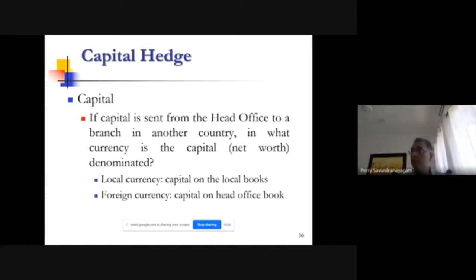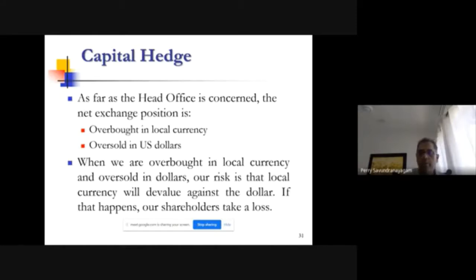So for example, if it's a US dollar company investing in a Sri Lankan company here, it'll be, say, $1 million that went out, and in Sri Lanka it will be 200 million rupees as of today. Is that understood?